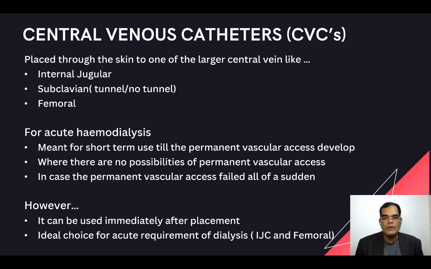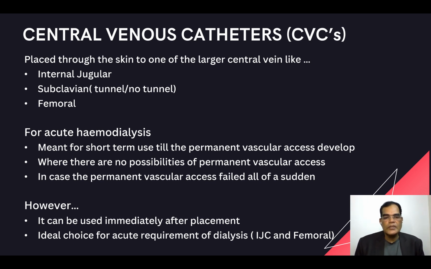in numbers or long-term dialysis, a permanent vascular access will be made, like an AV fistula in an ideal scenario. These catheters are used till the permanent vascular access develops. Some other choices are, some patients will have very poor veins which are not adequate enough to create a permanent vascular access.